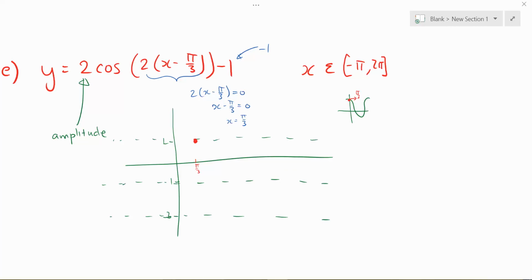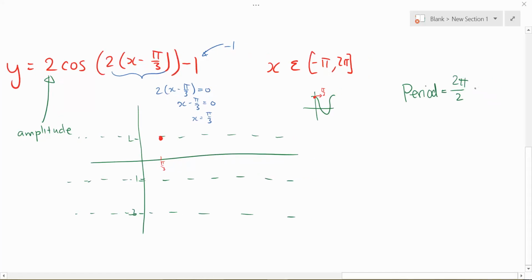So my period is equal to 2 pi divided by 2, which is pi. So in order to do one cycle, it takes pi. But if I want to find a quarter cycle, I have to divide that by 4. So, quarter cycle.